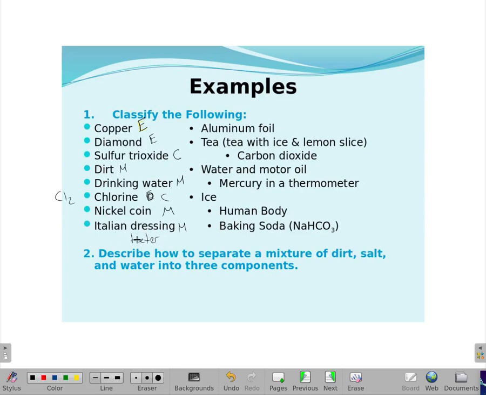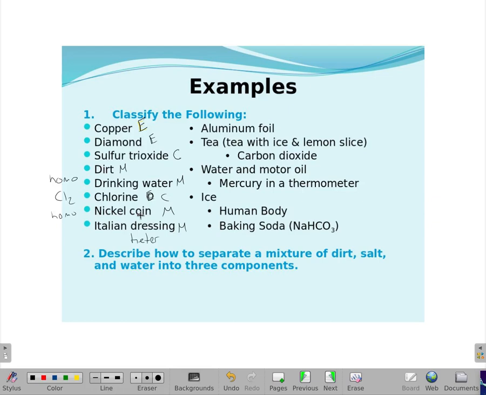We say that because it's actually kind of obvious if you look at Italian dressing that it's a mixture because there's things floating in it. Now, the drinking water is definitely a homogeneous mixture. Nickel coin, probably safe to say homogeneous because you can't easily tell looking at that it's an alloy.